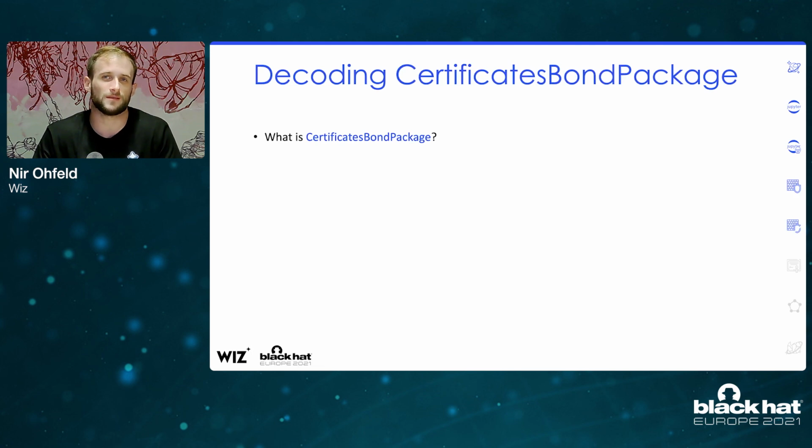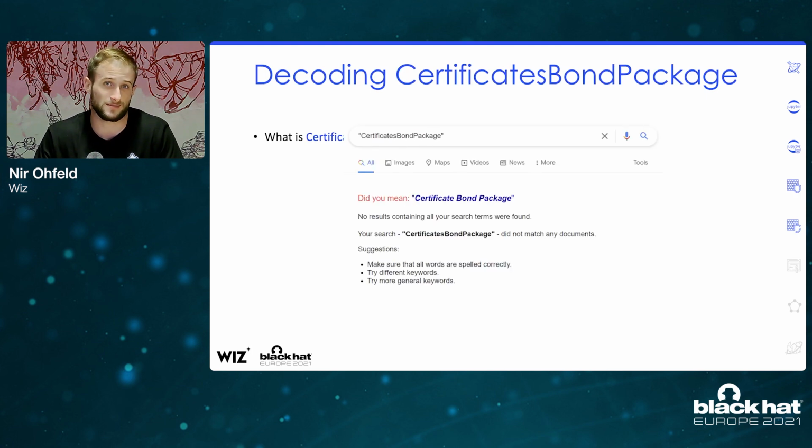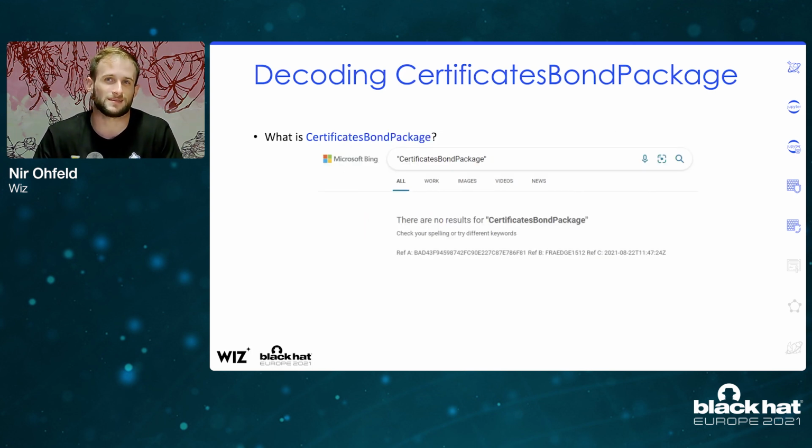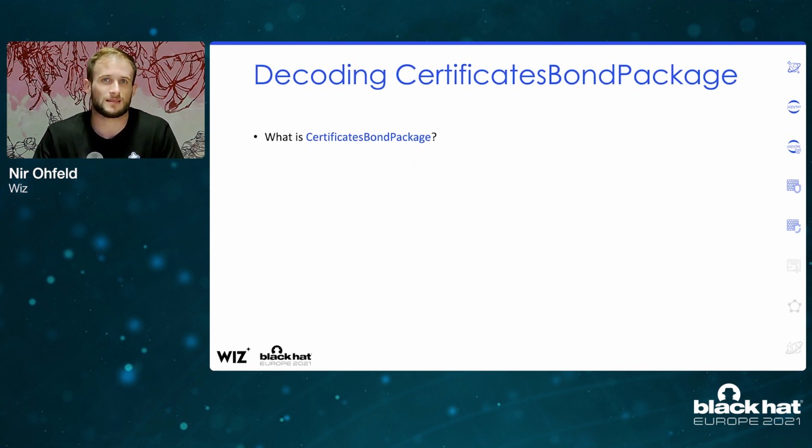The first thing we did, researching the CertificatesBondPackage format, is to consult Google, which didn't have any answers. And then we thought, maybe someone at Microsoft will have the answer, so we consulted Bing, which didn't have any answer either. Then we thought, the WA agent is the client of the WireServer.